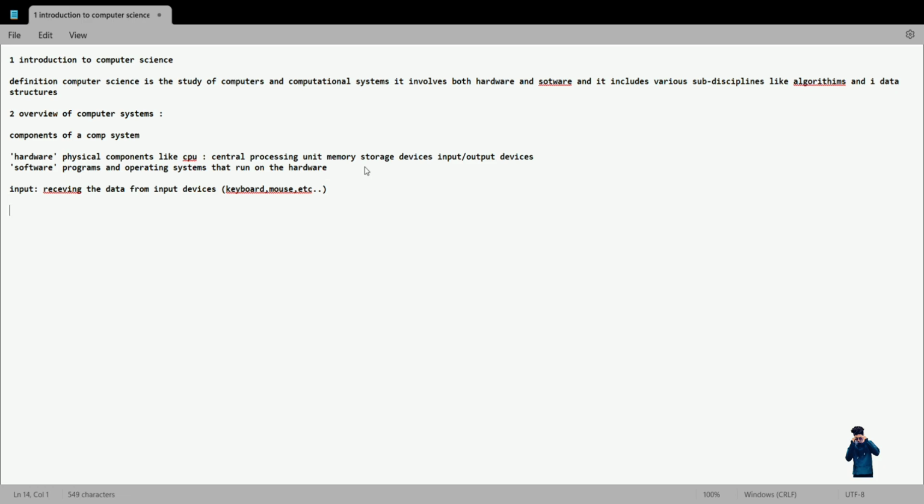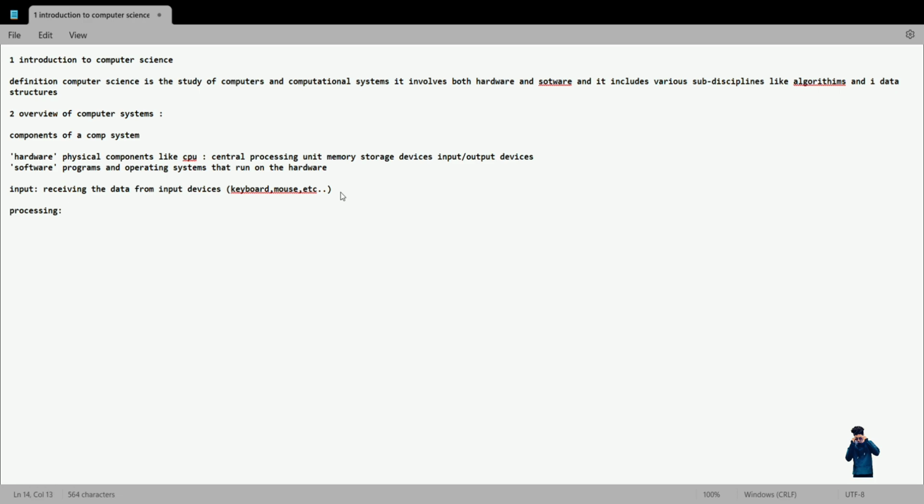After this, sorry for the spelling mistake in receiving. It's clear now. So keyboard, mouse, etc. After the completion of input, we want to know about processing.